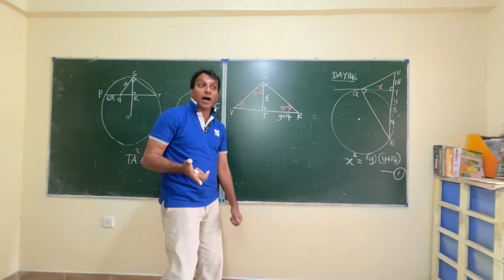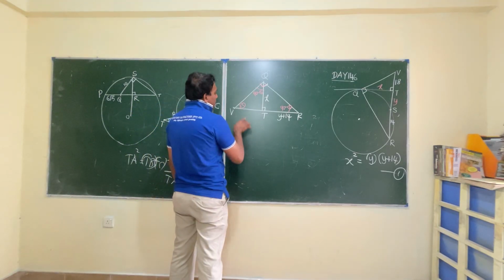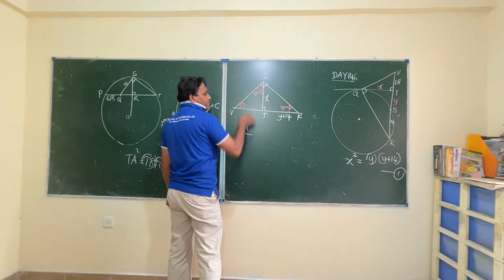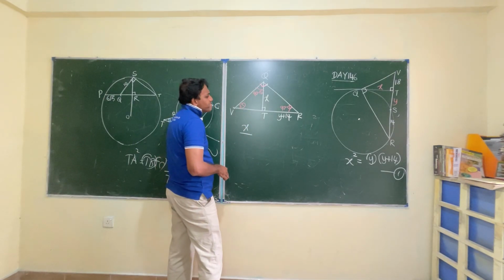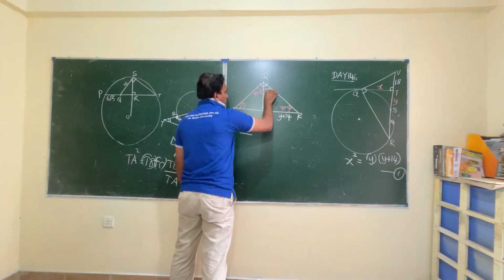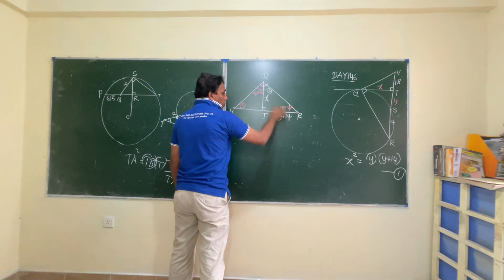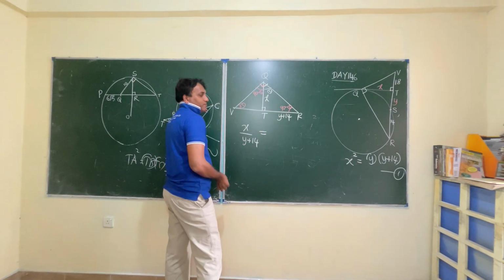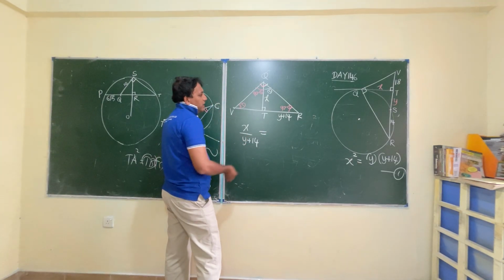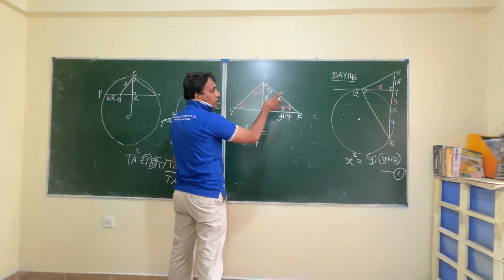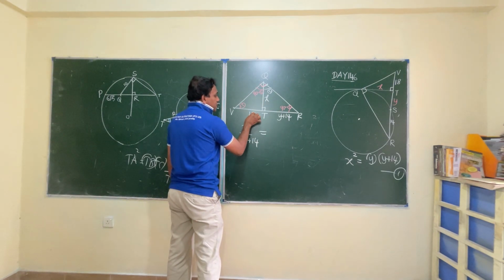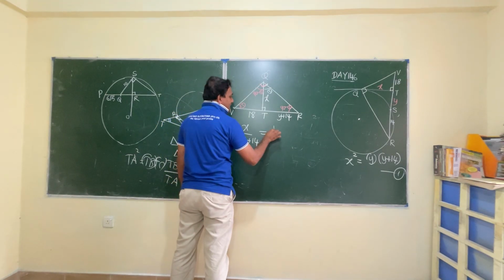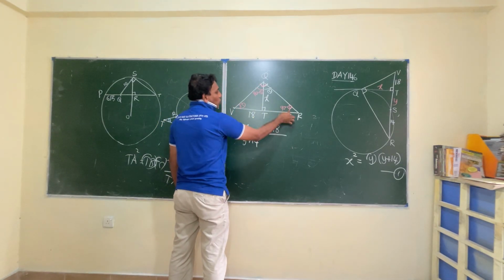Taking this triangle, opposite theta is x, and opposite is y plus 14, equals, take this, VT is 18, opposite 90 minus theta, 18 over x.